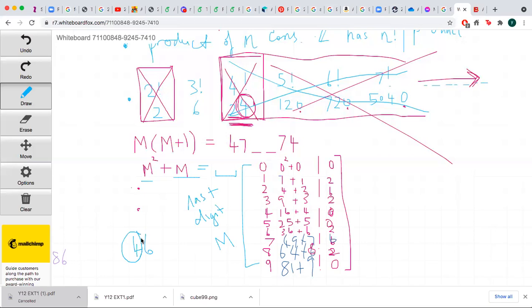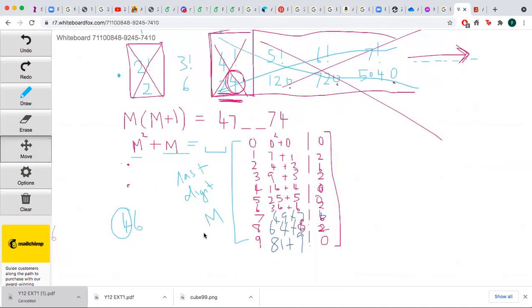And you could argue that, okay, I guess we've got to do this a little bit more systematically. Let's just look at 40 plus 6 all squared. This is where our binomial formula is going to come in handy.